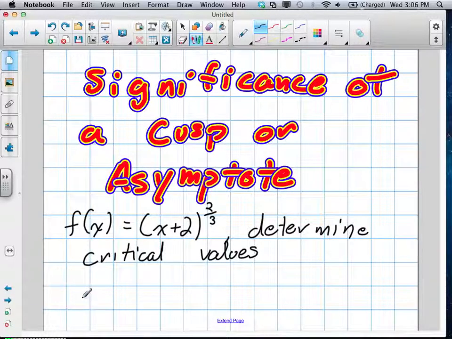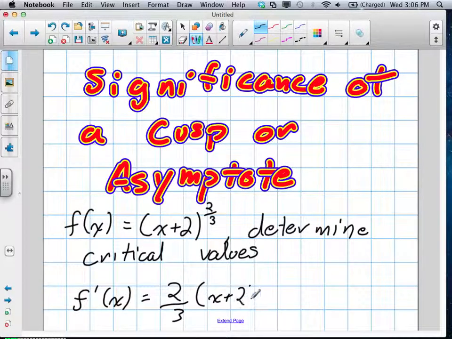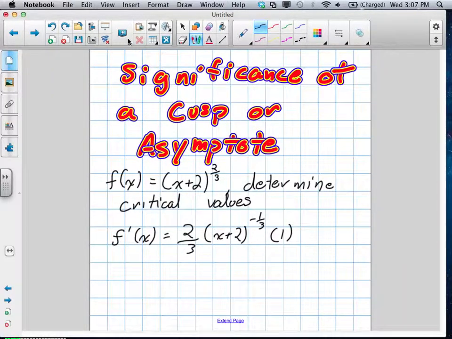So for our f of x, we're going to find f prime of x. We're going to use our chain rule for this. This is going to give us 2/3 times (x + 2), and when we subtract 1 from the exponent we get negative 1/3, and the derivative of the inside is just 1, so it doesn't really change the function.